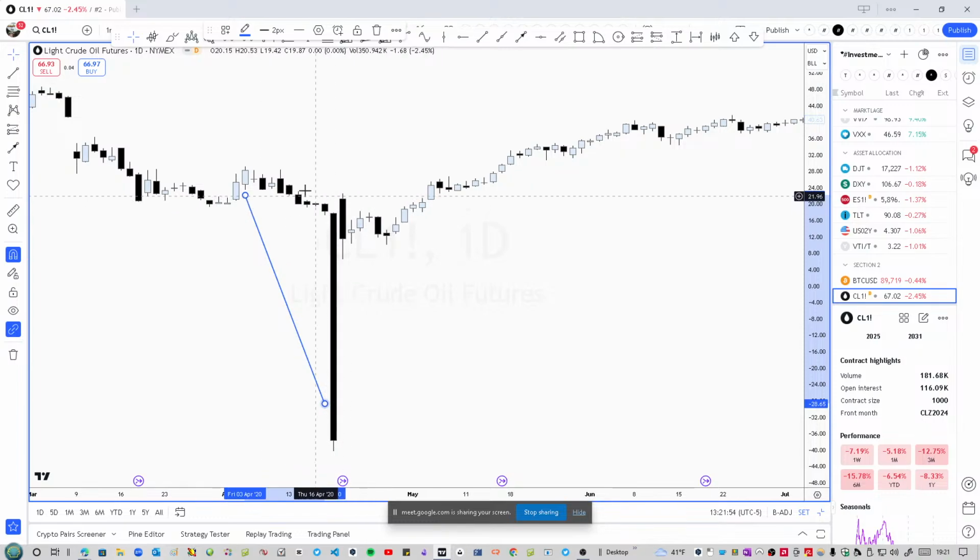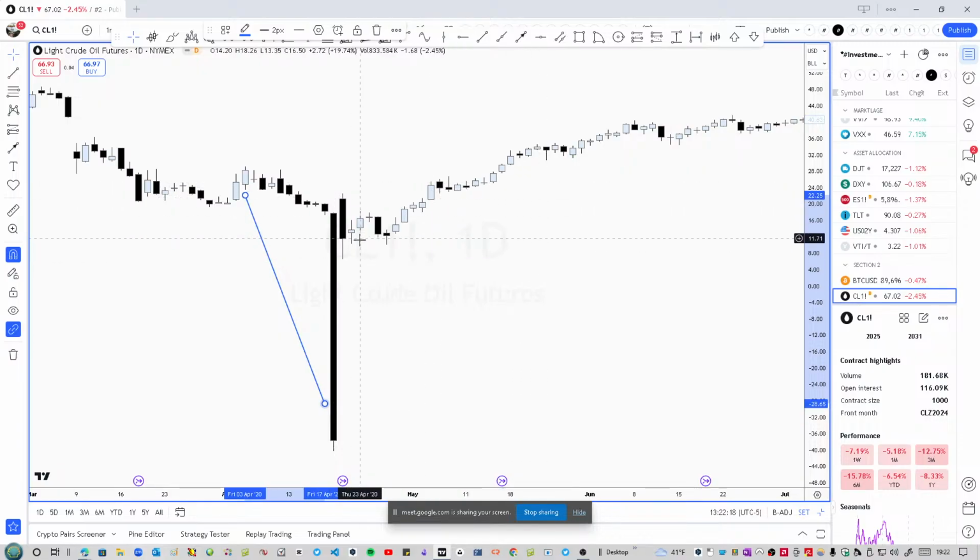Okay, so everybody tried to get out of this contract and jump into this contract. And so I was just in front of my screen when it dropped down to $5 or $6. I even thought about buying crude oil contracts in the future.